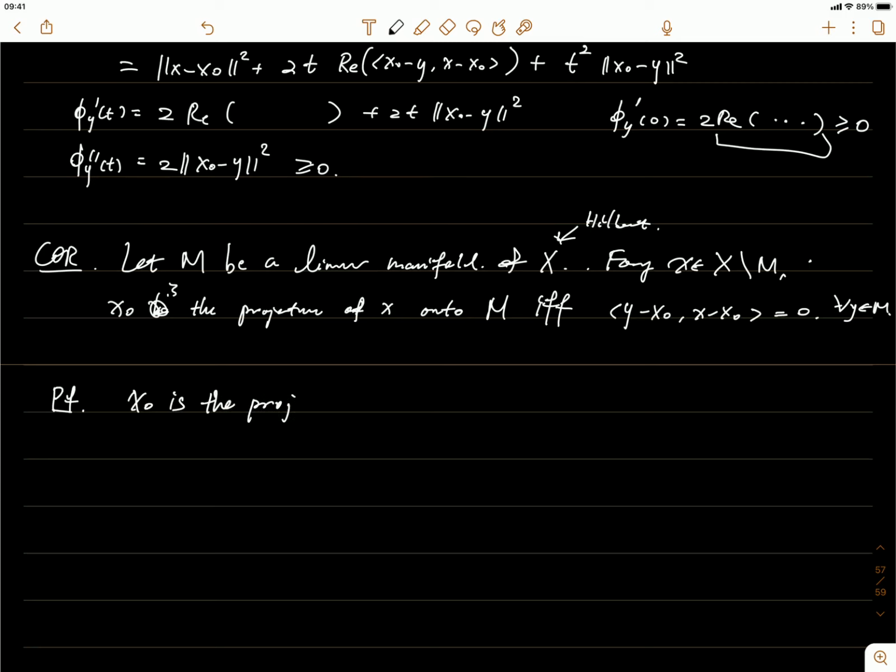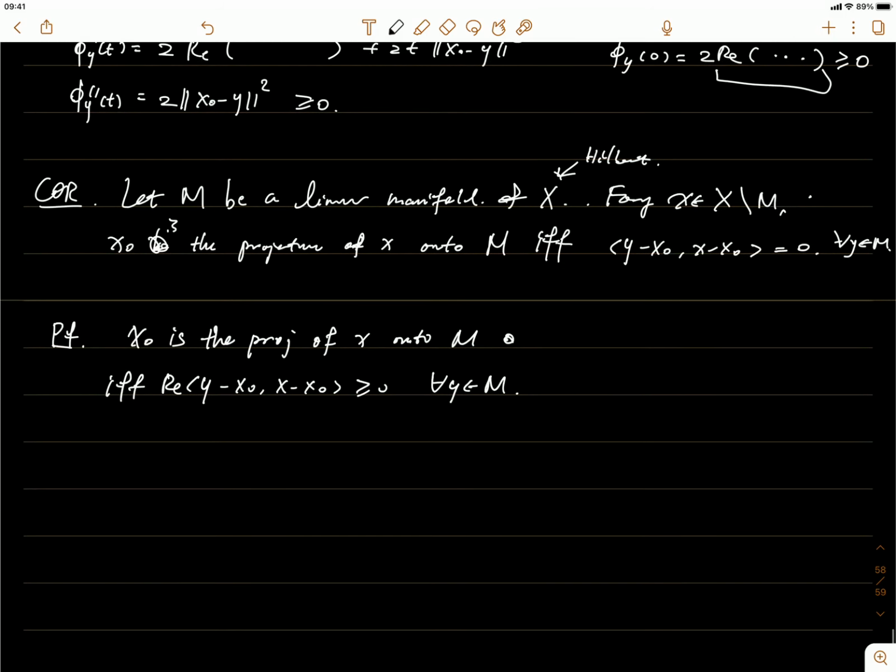It's a projection of x onto M if and only if the inner product of y minus x naught and x minus x naught, the real part of this, is greater than or equal to 0 for any y in M. This is from the previous theorem.